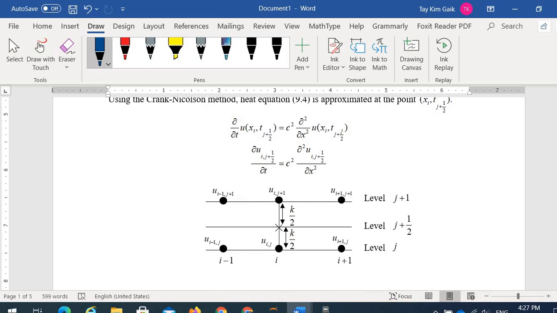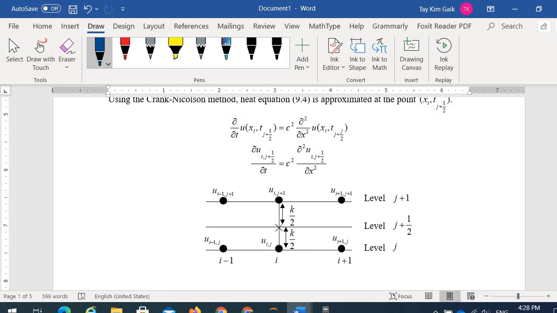Time t is represented on the vertical axis, x on the horizontal axis, and x is discretized using the variable i, t using the variable j. So we approximate the heat equation at the point where x is at position i and t is at position j plus a half.